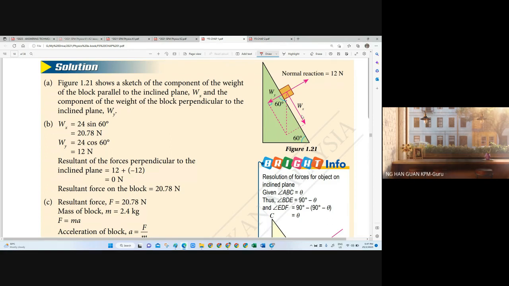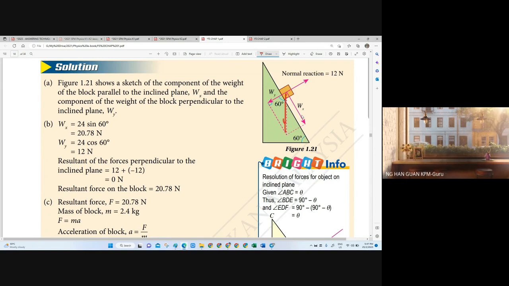But once it's on the inclined surface, the weight is still vertically downward, but because of the inclined surface, the weight will have an effect on the motion of the object. So the effect of the weight here, we have to find by the components of the weight, wx.